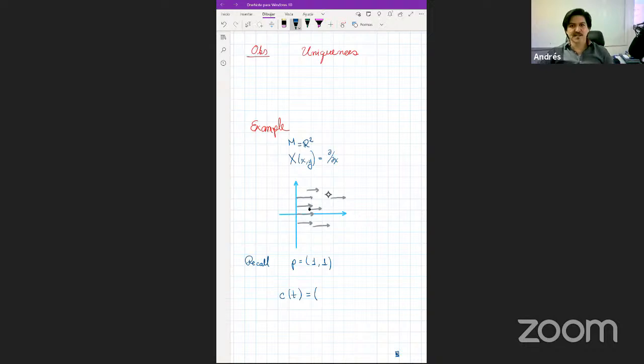There are two strategies that you can take to answer this. One of them, remember what we did last time, and the other one, because this is an easy example and a straightforward vector field, you can also work it out in your mind. What will be an integral curve?